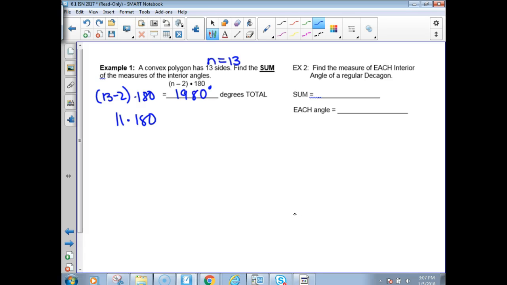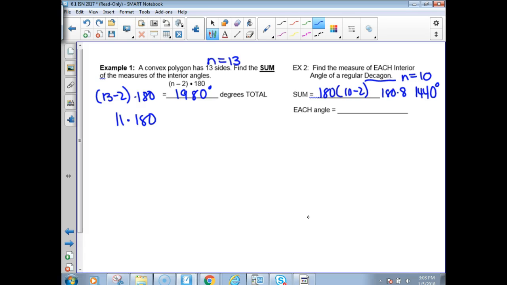Second example, find the measure of each interior angle of a regular decagon. Decagons have a number of sides is 10. Okay. The sum first you need to find. So first you do the sum formula. And you do 180 times 10 minus 2, which is 180 times 8, and that's 1,440 degrees.